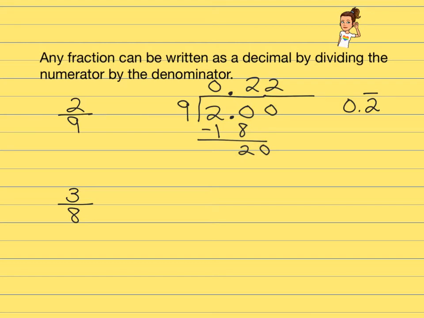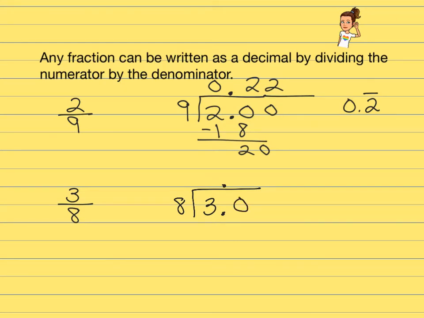Let's try it again with 3/8. 3 is the numerator and 8 is the denominator. So when we write our long division, we are taking that numerator divided by the denominator. Let's put our decimal point straight up in the quotient, and we can go ahead and put a 0 there as well.